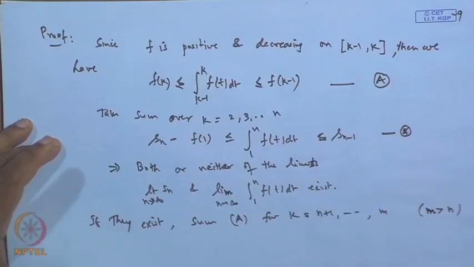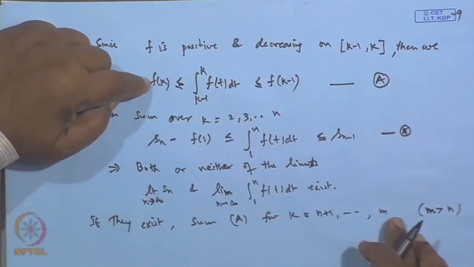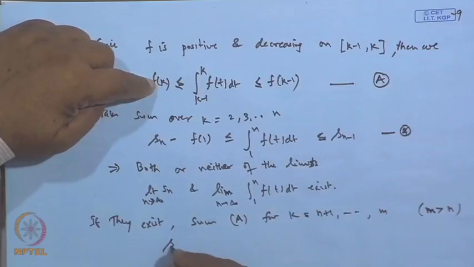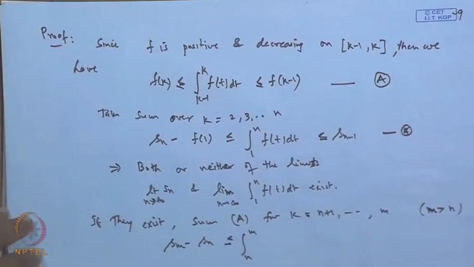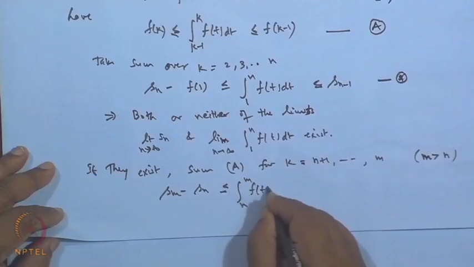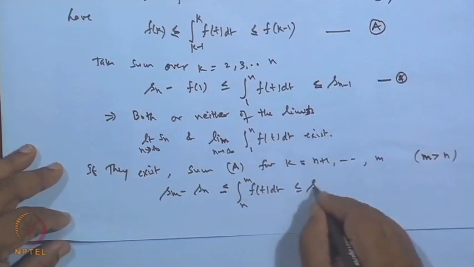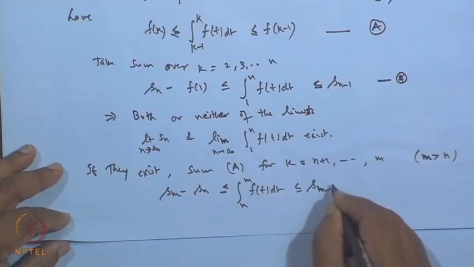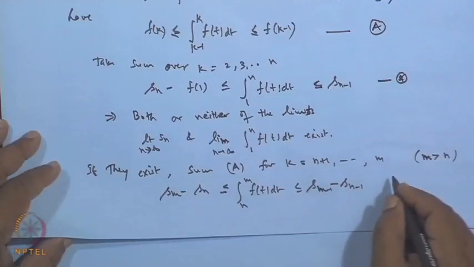When you sum up this thing, what happens? This gives S_m minus S_n, which is less than or equal to the integral from n to m of f(t) dt, which is less than or equal to, again when you sum up, S_{m-1} minus S_{n-1}. So, that will be there.